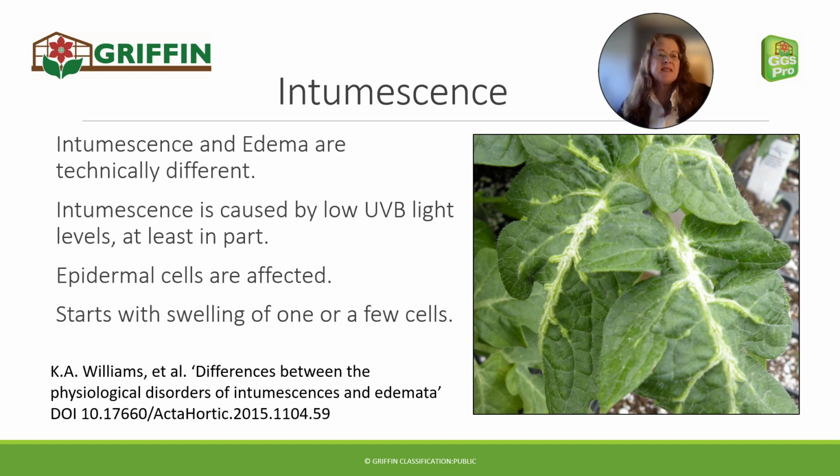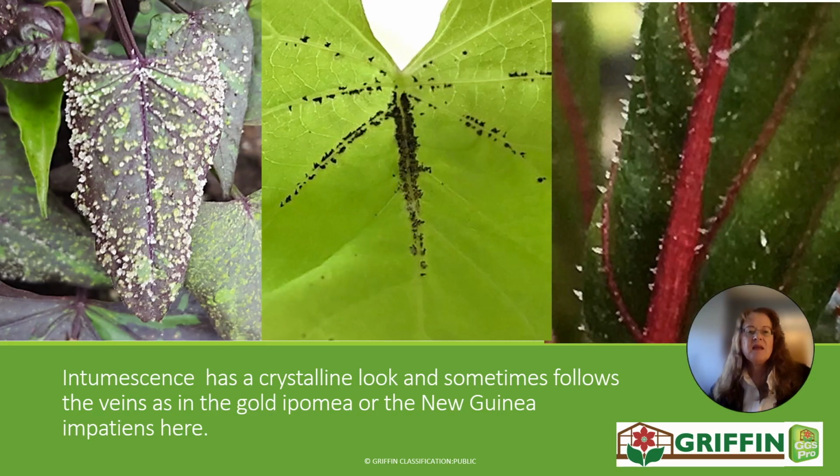In intumescence, it's the epidermal cells that are affected. This disorder starts with just one or a small few cells that start to swell within the plant. It then grows on the outside of the plant to have this crystalline look, and it often follows the veins, as shown here in the New Guinea impatiens on the right, or the chartreuse sweet potato in the center.